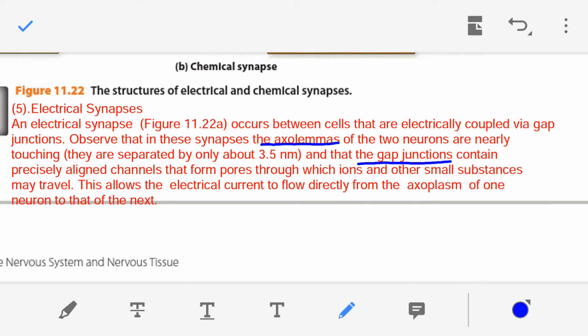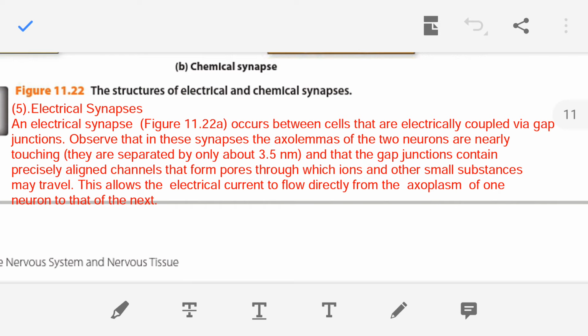So the gap junctions are actually ion channels, and these ion channels are aligned one upon the other. So these ion channels are precisely aligned and they form pores, and through the pores the ions and other small substances can travel from one cell to another cell.